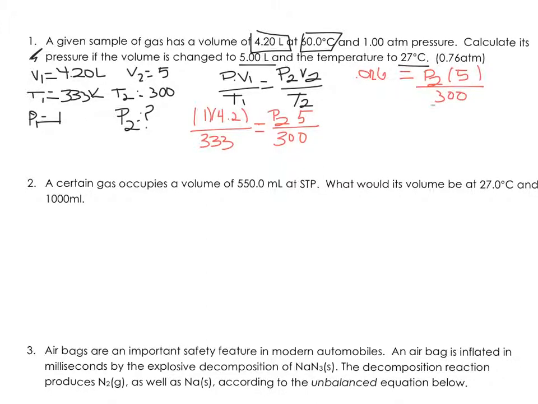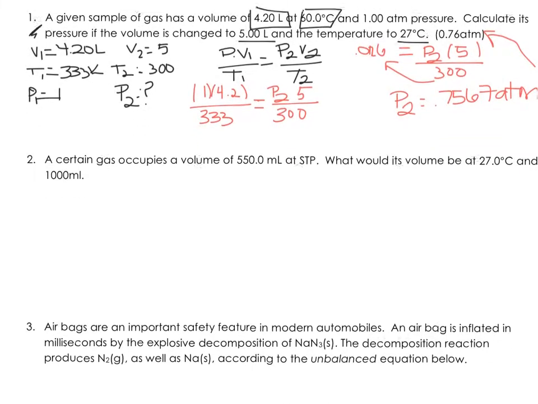So I'm now going to multiply my 300 over, so times 300, and divide by 5, and that will get me P2 is equal to 0.75667 atmospheres, or if you want to round, 0.76.